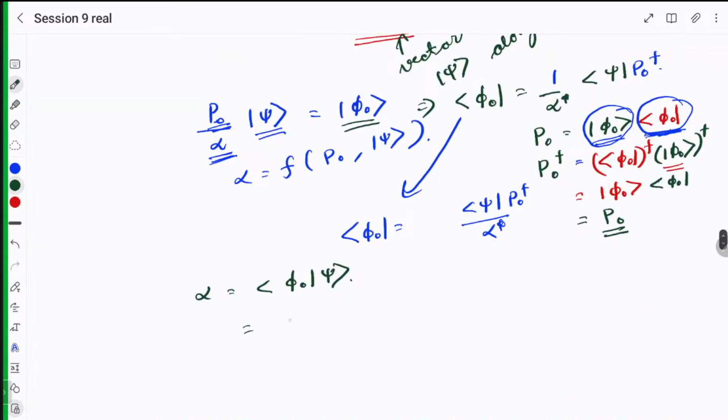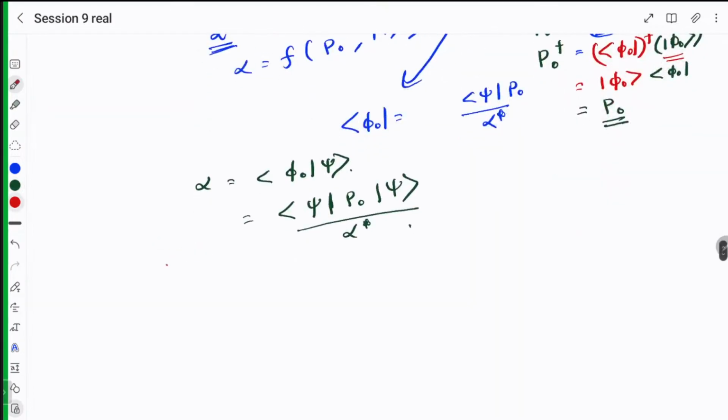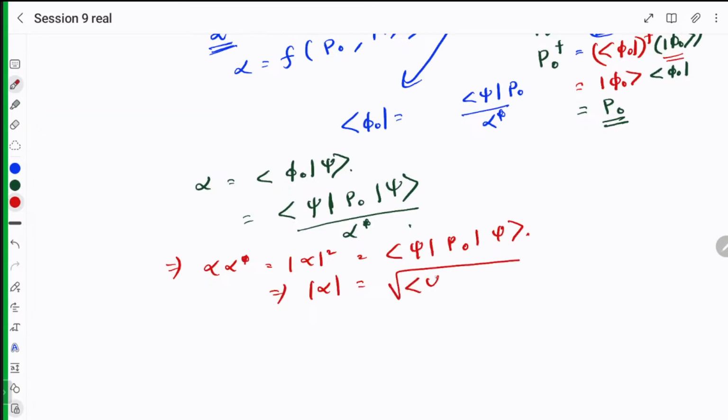And here, we found that P naught dagger is P naught, so just P naught. So we will replace phi naught by psi P naught, and psi by alpha star. So here we get alpha star, mod alpha squared, is this quantity, and mod alpha would be the root of bra psi P naught ket psi.